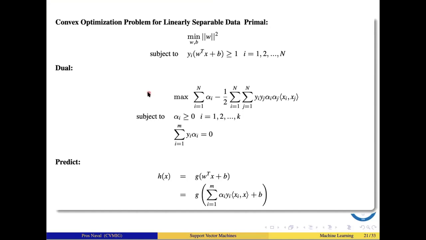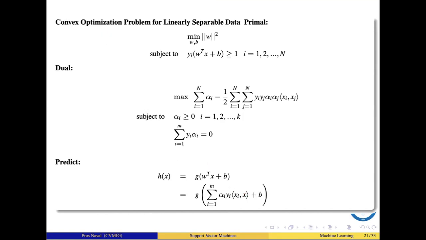And what is the kernel trick? The kernel trick plays around with this quantity here, this dot product between your input x and your support vectors xi. That's your kernel. It takes advantage of this inner product.